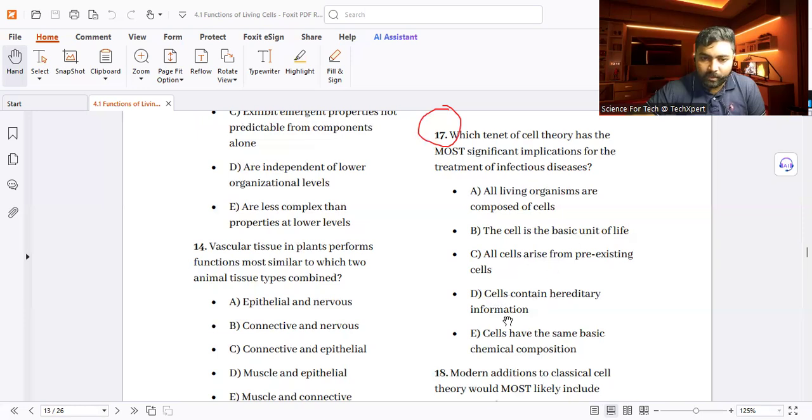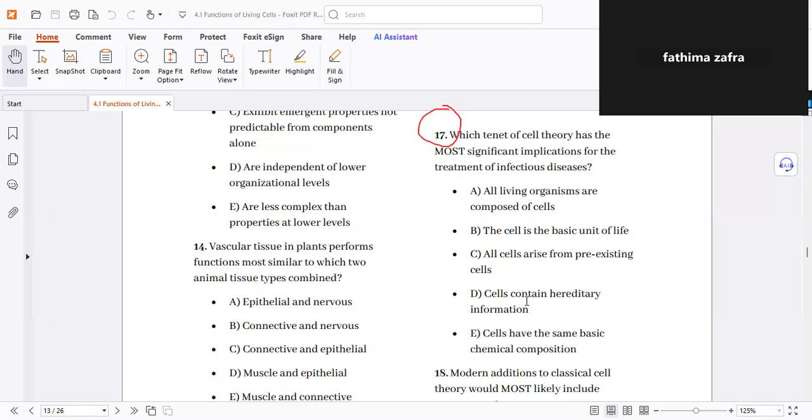Cells contain hereditary information. Cells have the same basic chemical composition. No, not the first one. Sir, as D and E are not cell theories, is it the C answer then?